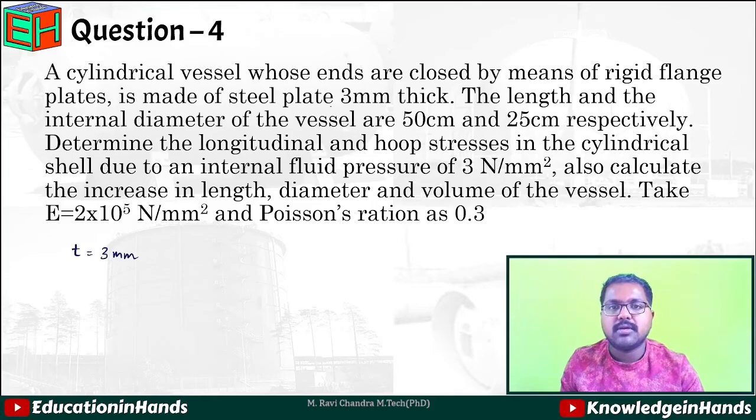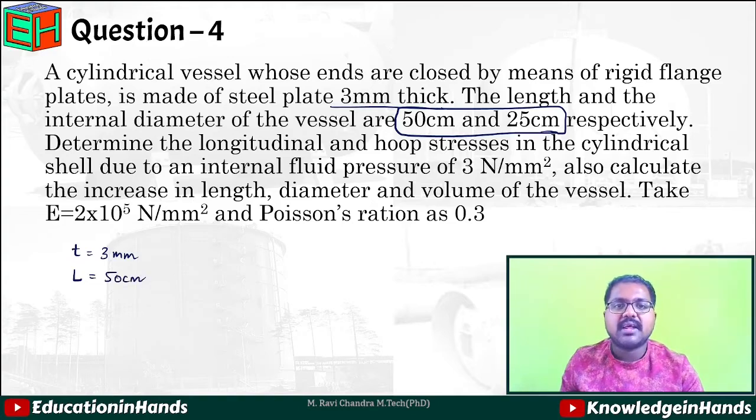So here we know the value of t first. Then the length and internal diameter of the vessel are 50 centimeters and 25 centimeters respectively. So length L equals 50 centimeters and diameter D equals 25 centimeters.